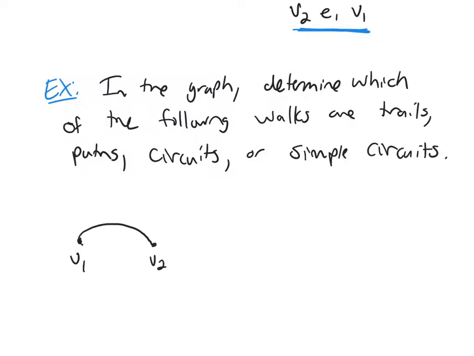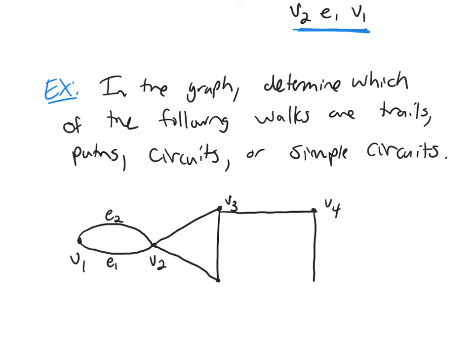So give me just a minute. We're going to draw this graph: E1, E2. From vertex 2, there's these two here. This is vertex 3, vertex 4, vertex 5, vertex 6.